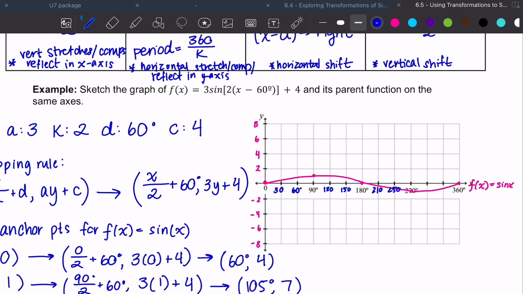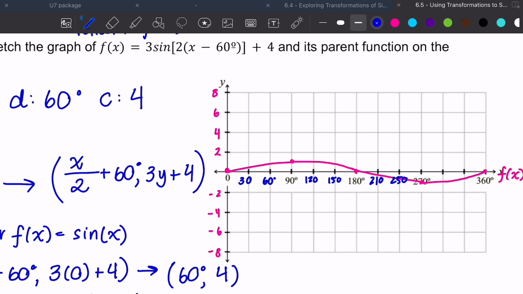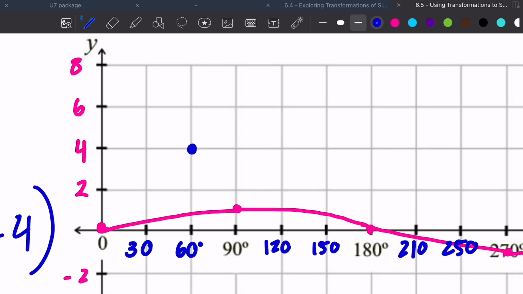So, okay, my first point is at 60, 4, so I can go all the way and plot this first point. Then I'm at 105, 7, so I'm going to just get in between here. 105 will be slightly after 90, but not quite in the middle. So 105, and I'm going to go all the way up to 7, which will be in between 8 and 6.